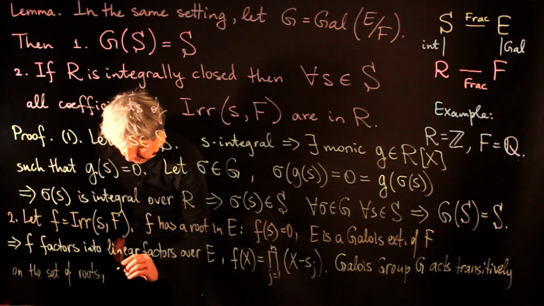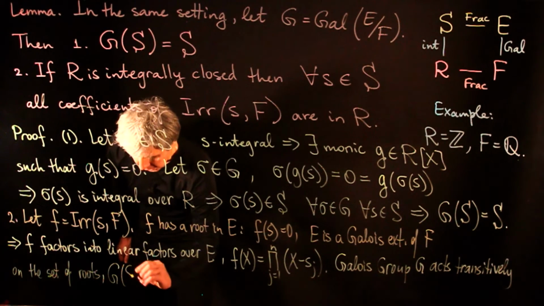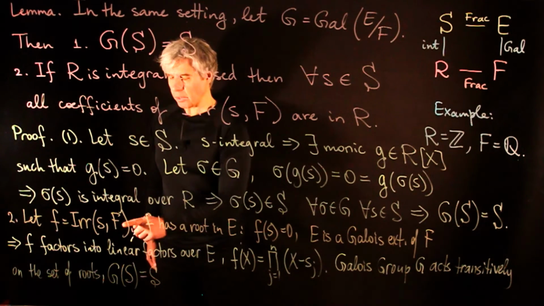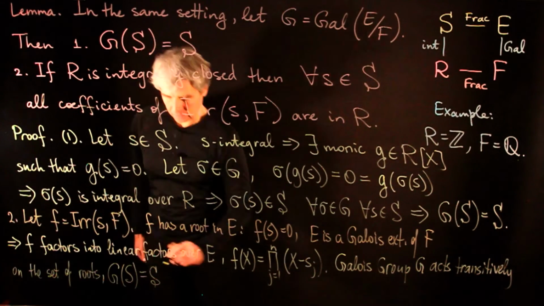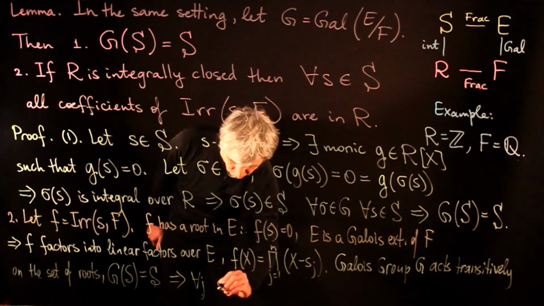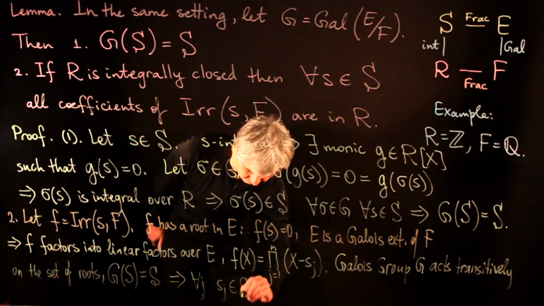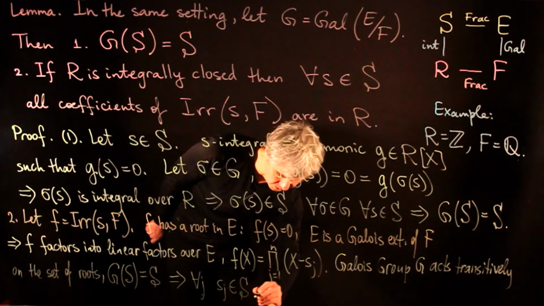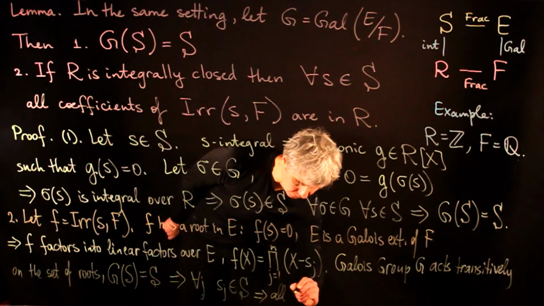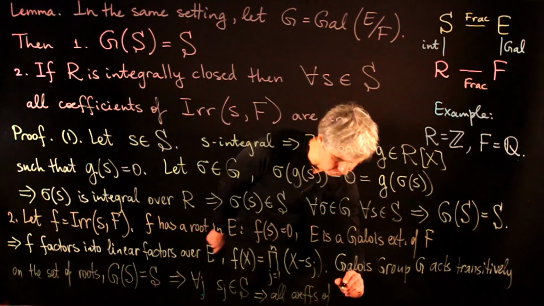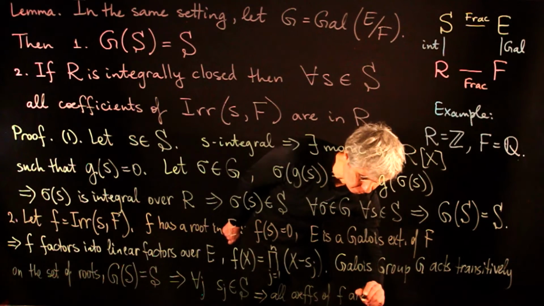And by part 1, G acting on S is equal to S. And we know that one of the roots is in S. So this tells us that for all j, s_j is in S. And then by taking expansion of this polynomial, we see that all coefficients of f are in S.